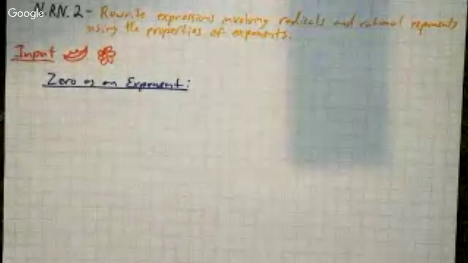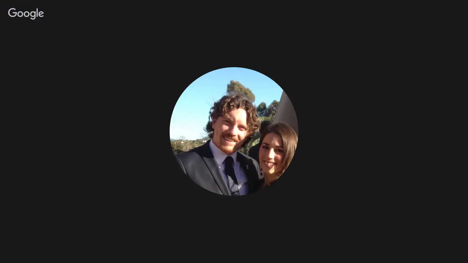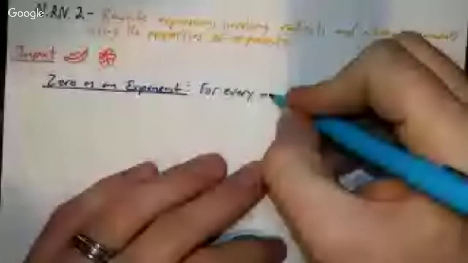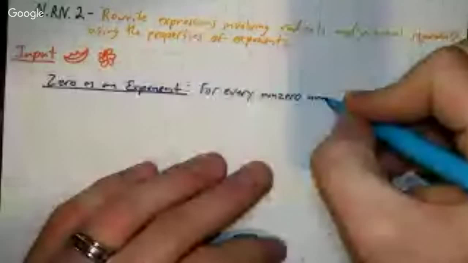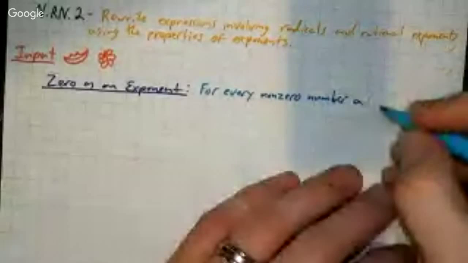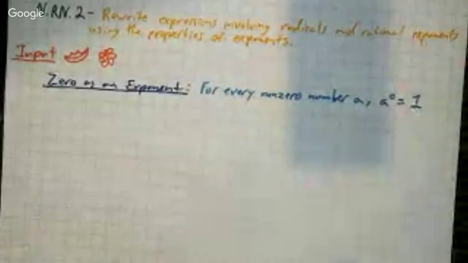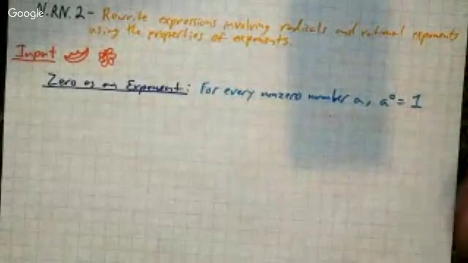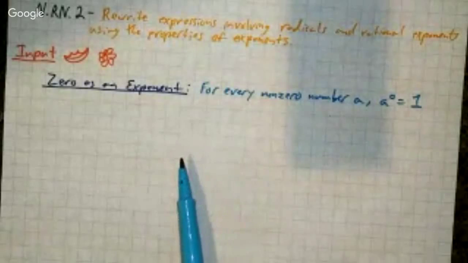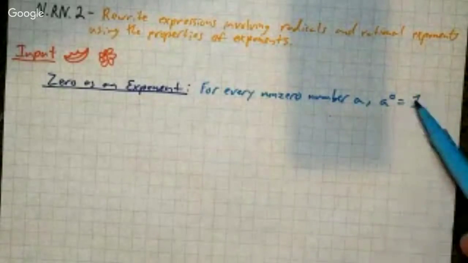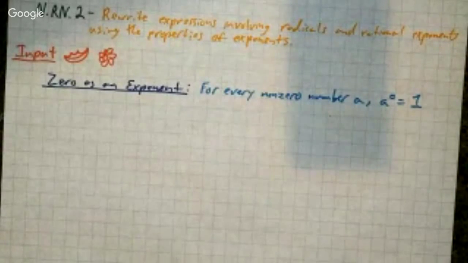Now, the rule behind it: any non-zero number a to the power of 0 equals 1 every time. Okay? There's not much of an explanation there. It's just a rule, right? For every non-zero number a, if a number is raised to the power of 0, it equals 1.